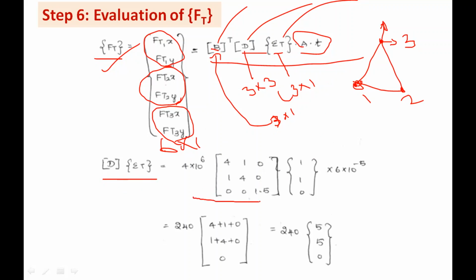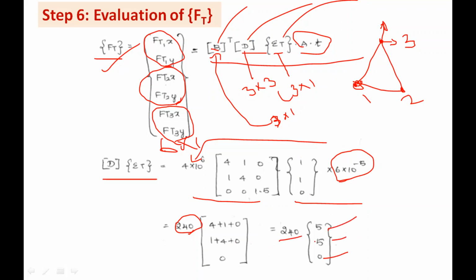So this is our D matrix and this is the epsilon T, 6 into 10 power minus 5, and this 4 into 10 power 6 should be multiplied. First we are getting it as 240. Then this 3 by 3 should be multiplied with this 3 by 1. So we are getting finally 5 5 0 like this. So this 240.